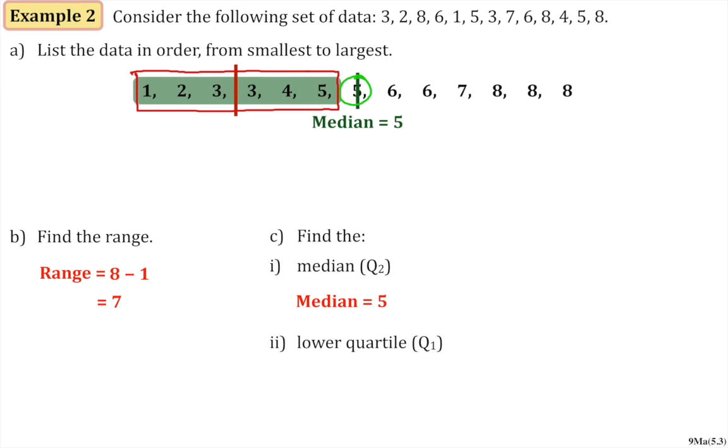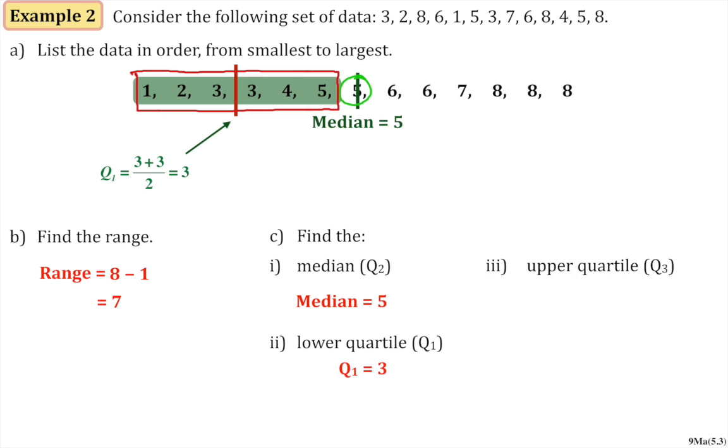Hopefully you could see it's between this and this, and they're both 3's. Halfway between 3 and 3 is 3. Now if they were different numbers, you could actually add them and divide by 2, and you'll get the missing number if it's a tricky one. But 3 is fairly obvious, so the lower quartile is 3.